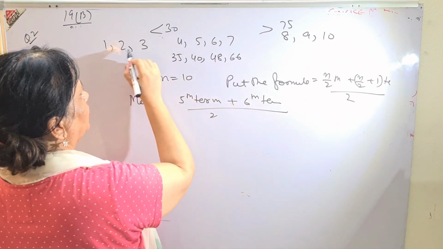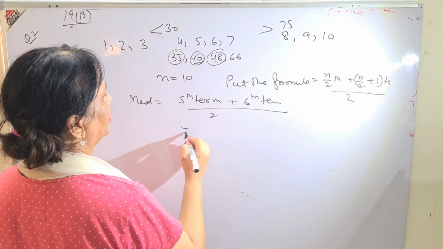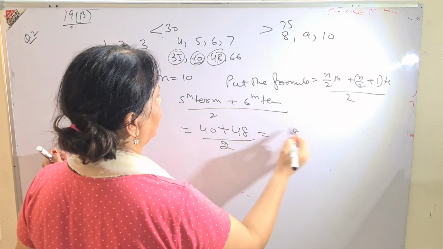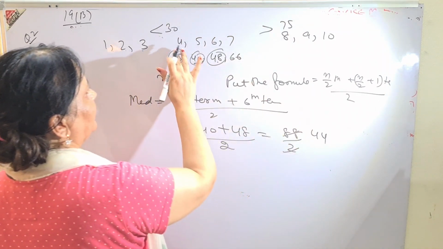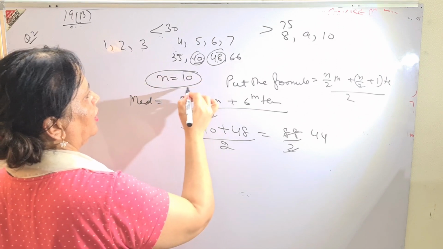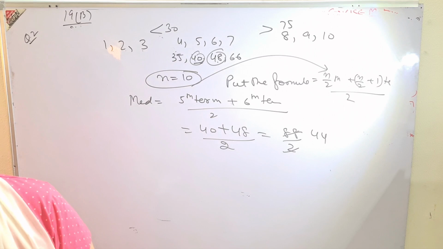The 5th term is 1, 2, 3, 4, 5, this is the 5th term, and then the 6th. So 40 plus 48 upon 2, 88 upon 2. So my answer is 44. I needed the 5th and 6th terms because if n is equal to 10, according to the formula, my 5th and 6th terms together will give me the median.